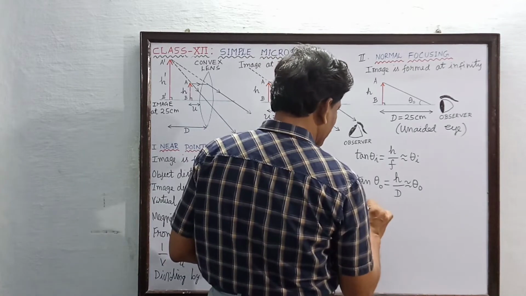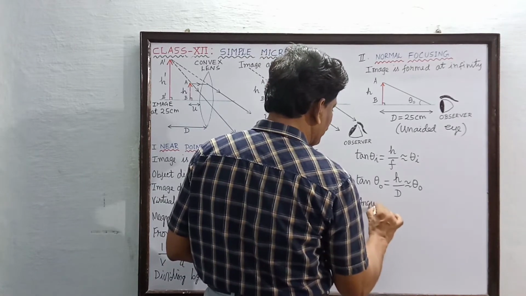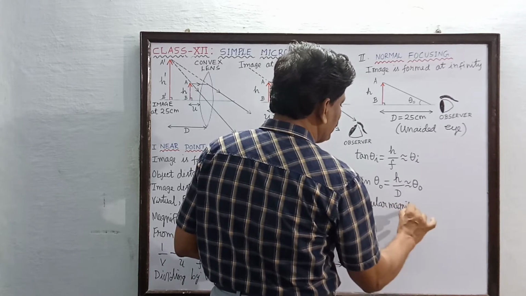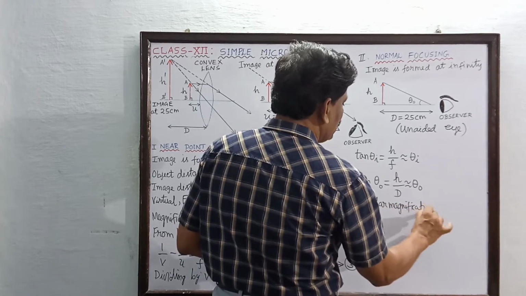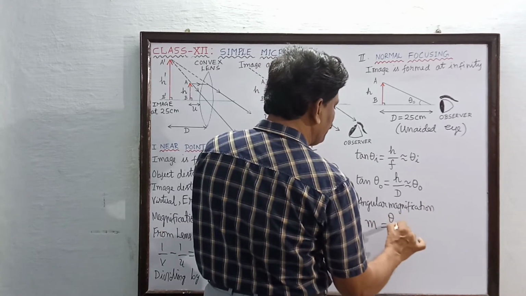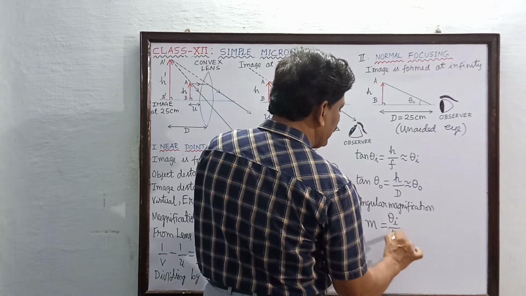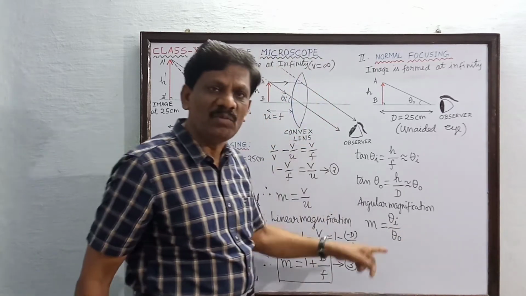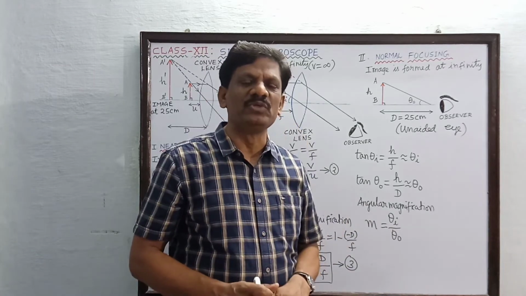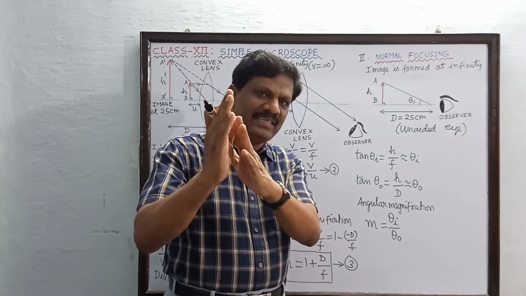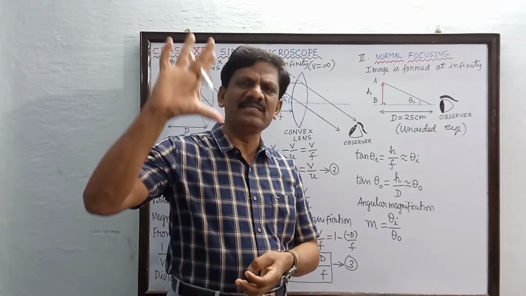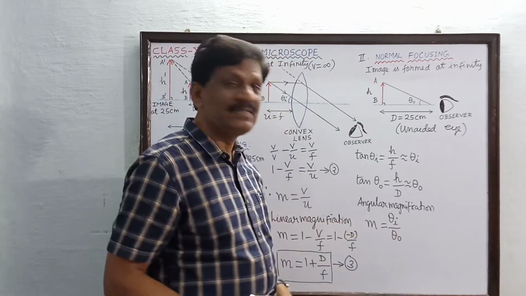This angular magnification is the ratio of the angle subtended by the image to the angle subtended by the object. Suppose for linear magnification, the height of the image must be divided by the height of the object. Height is linear, but here it is angular.